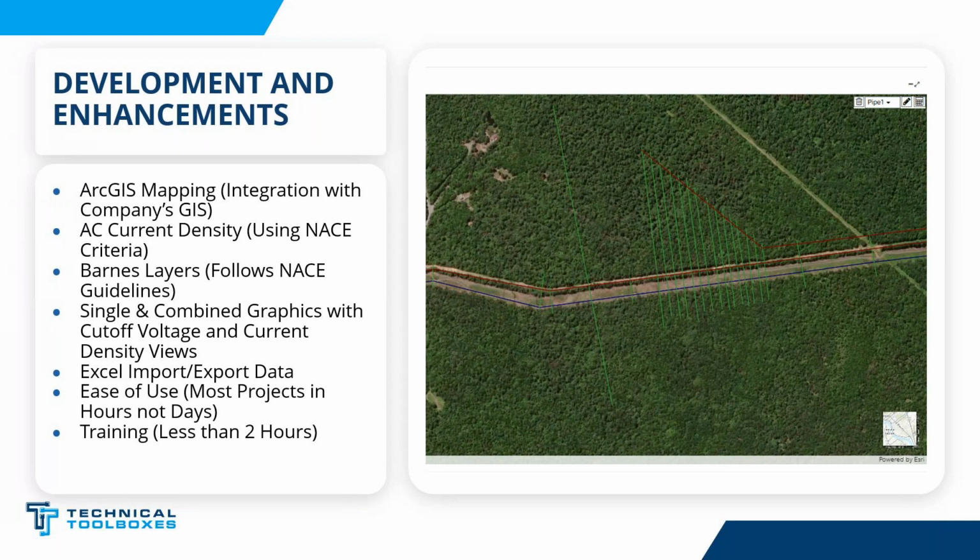We're building mitigation for lines that are running longitudinally, not in specific areas that need to have multiple layers other than the Barnes layer. We're not building substations or power stations, so keep that in mind. This is a pipeline, and we're using single and combined graphics with different views. We got cutoff voltages, which I'll show you in a minute.